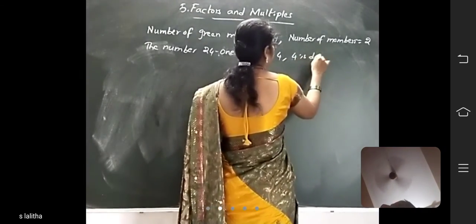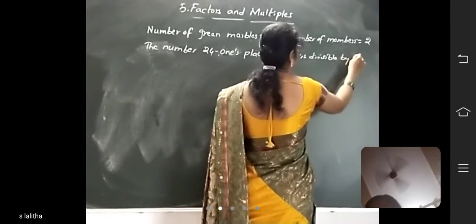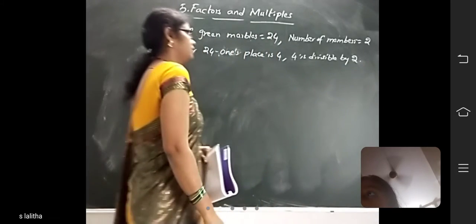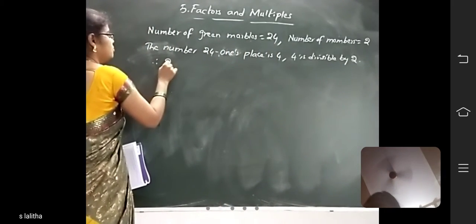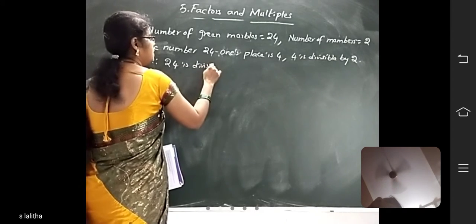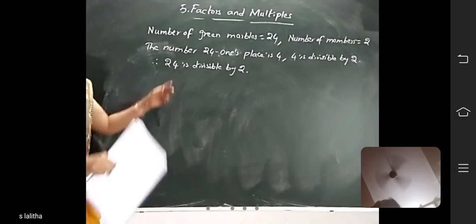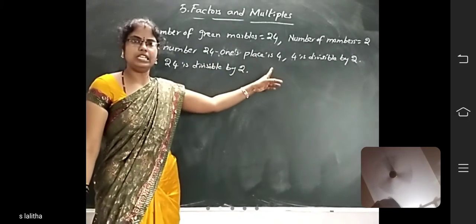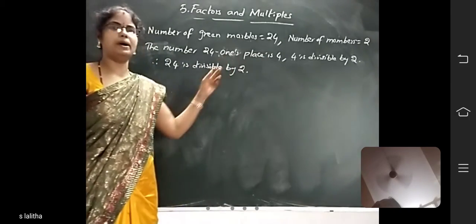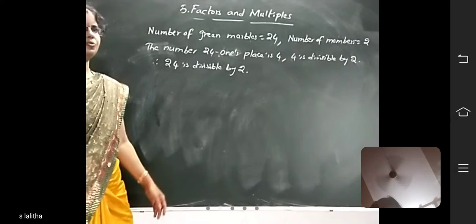Therefore 24 is divisible by 2. So in the number 24, ones place is 4. 4 is divisible by 2. So 24 is divisible by 2.